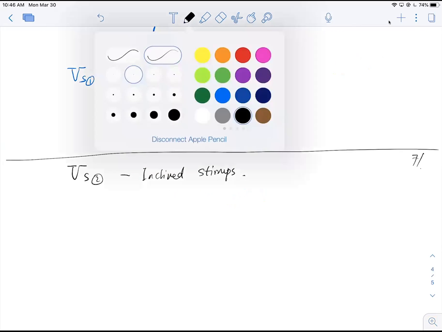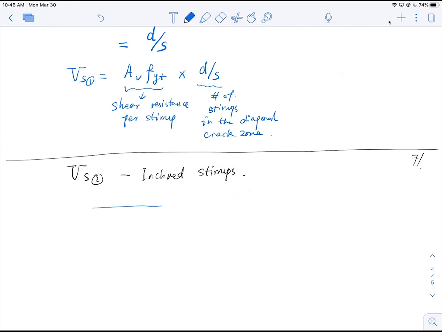I'm going to draw the same free body diagram here. However, this time my stirrups go this way. That does not change the fact that each stirrup will still contribute AV FYT.